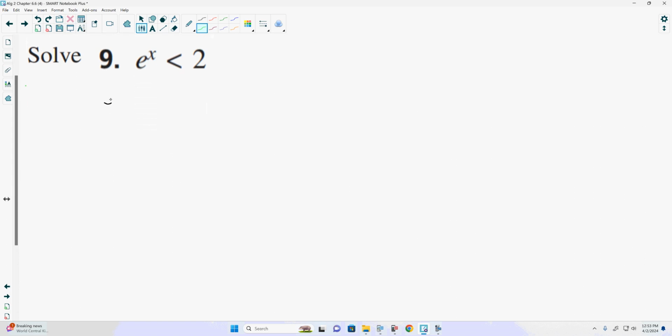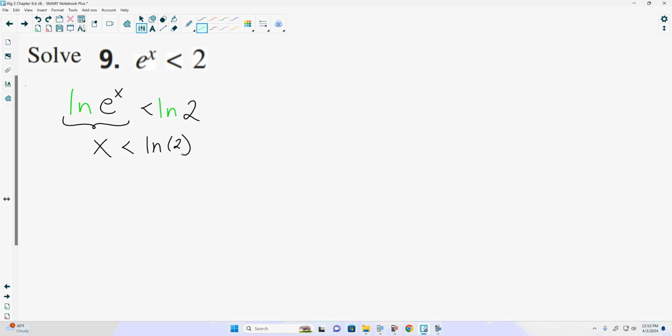And the next one, e to the x is less than 2. Again, our first main goal is to get the e to the x by itself. Well, it already is. So we can apply our log to both sides. Specifically, we'll apply the natural log, ln, to both sides. Because our ln of e to the x is going to become x, yes, is less than the natural log of 2.